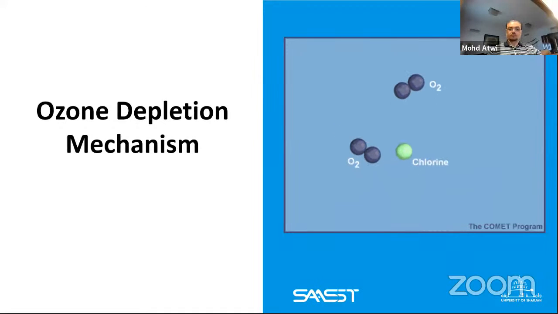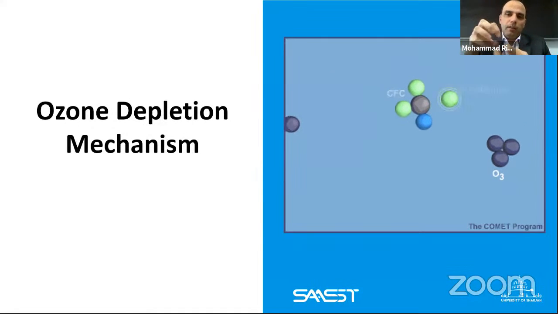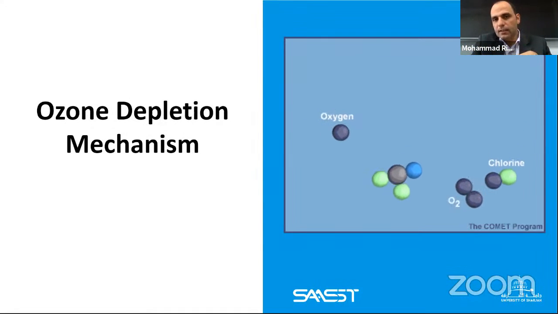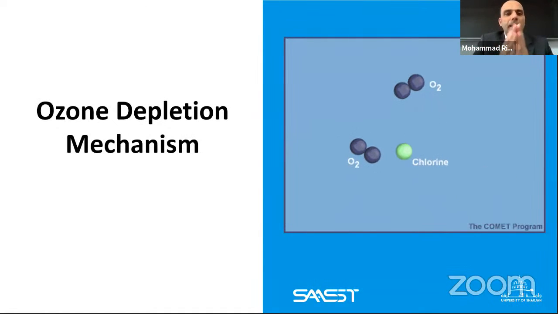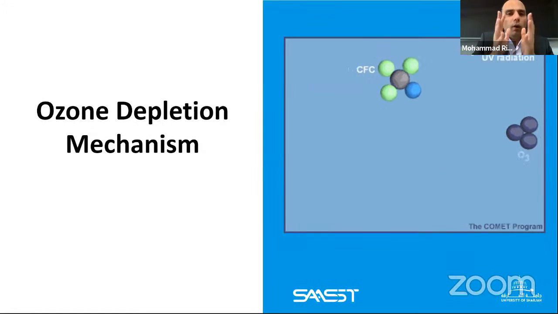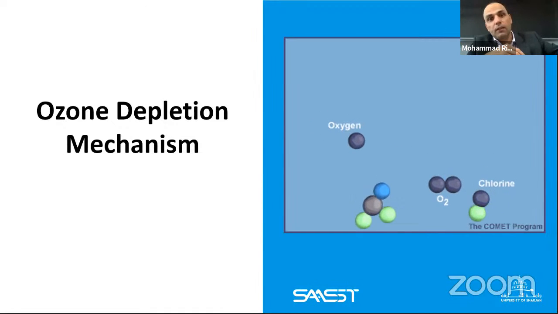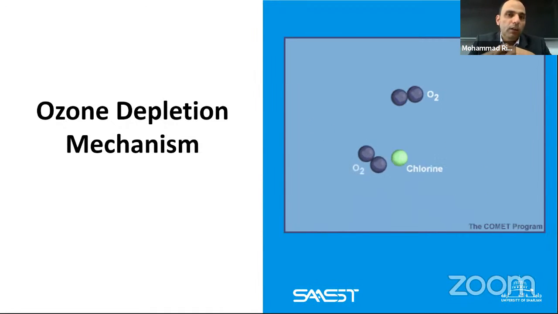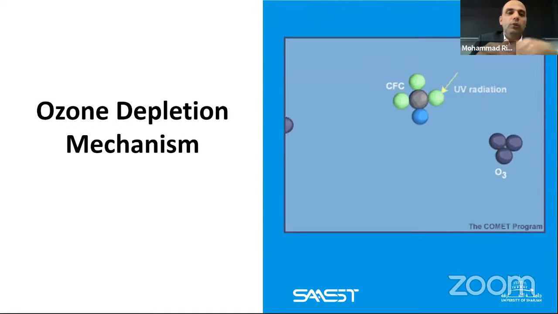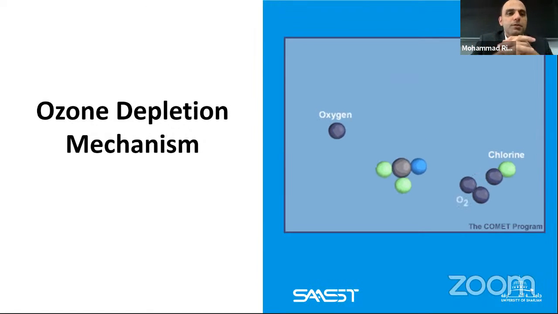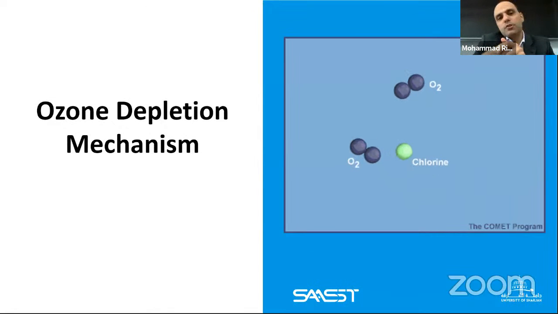at the same altitude as the ozone layer. As you see in this animation, they break the bonds of the ozone, the O3, that, as we said, protects us from the UV high energy photons, and make new chemical bonds with the free oxygen atom.